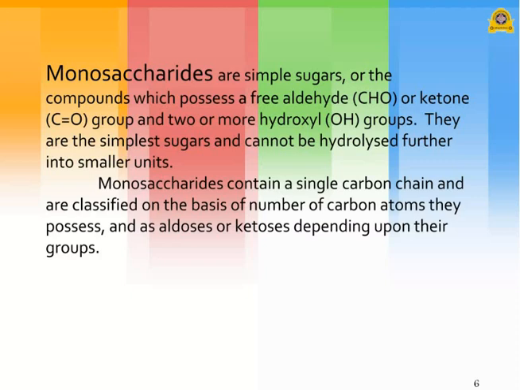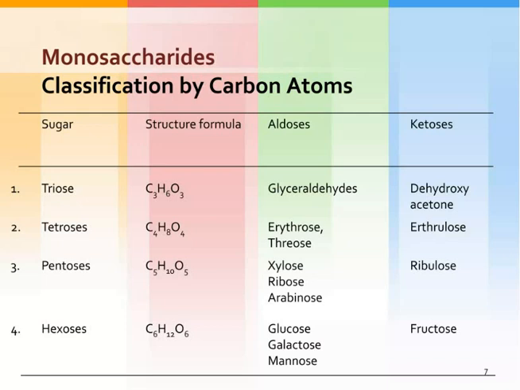Monosaccharides contain a single carbon chain and are classified on the basis of the number of carbon atoms they possess and as aldoses or ketoses depending upon their group. So you can see the monosaccharide classification on the basis of carbon atoms. Triose, 3 carbon. Tetrose, 4 carbon.